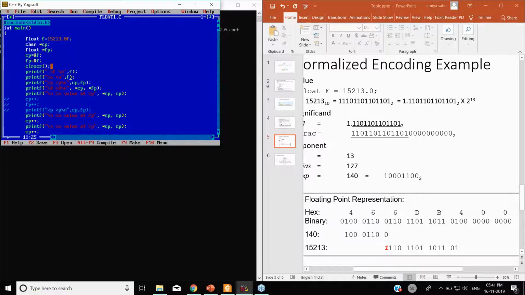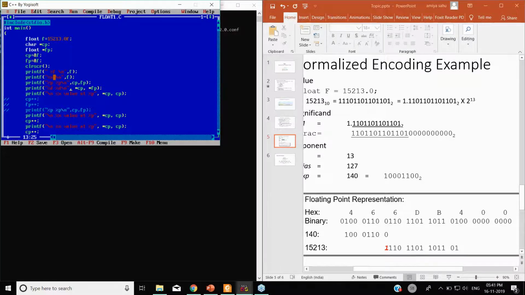The second printf function tries to print the float value in hexadecimal format, that is %x. The next printf function tries to print the address of the floating point variable that is available in character pointer CP and FP respectively.